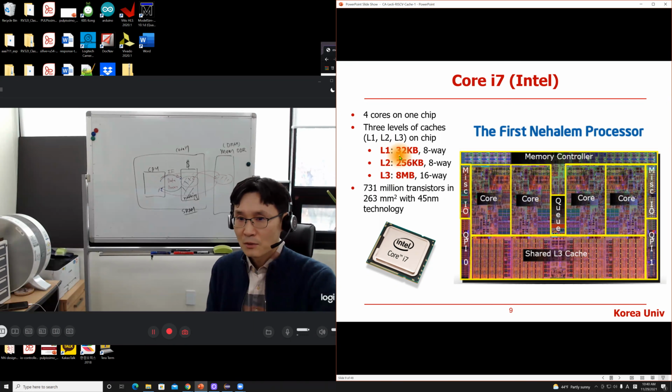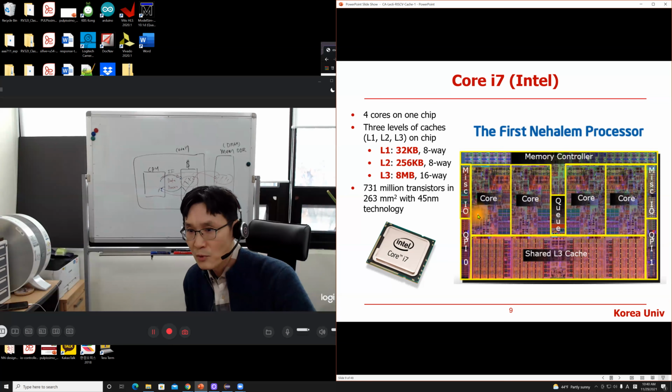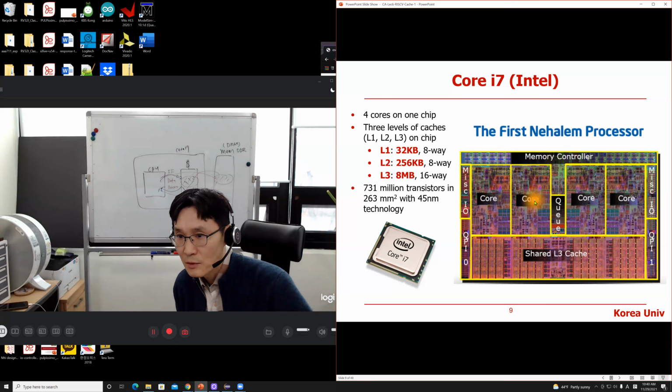Level 1 cache is 32 kilobytes, level 2 is 256 kilobytes. I think these two are level 2 caches, and level 1 cache is too small. I cannot spot which one is level 1. Probably these two.